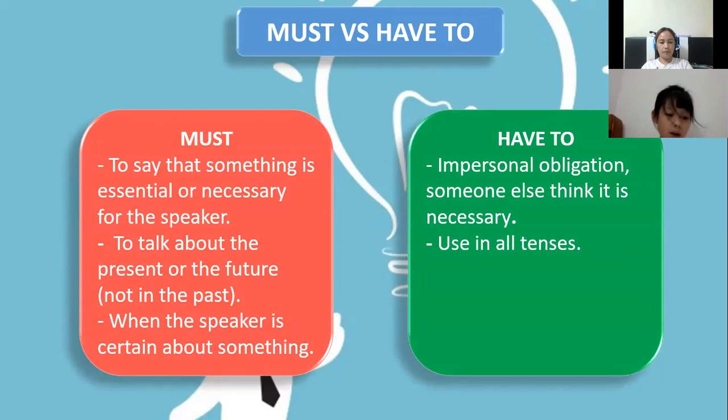To talk about the present or the future, not the past. When the speaker is certain about something. Have to is used in the past, future or not in the past.